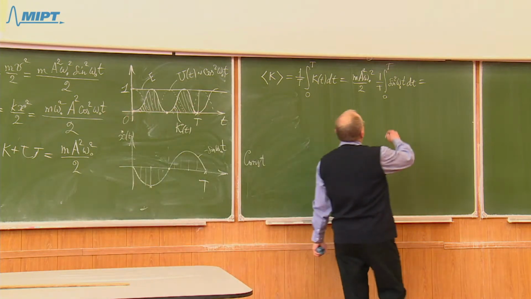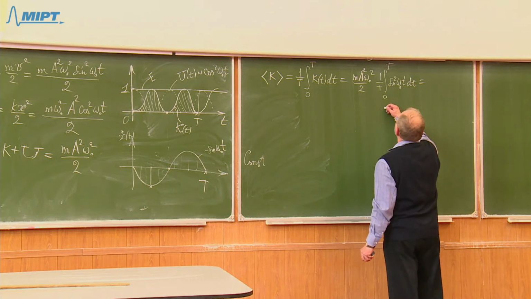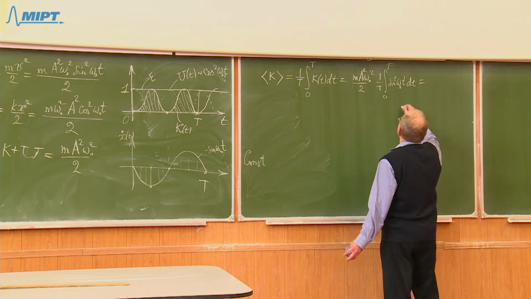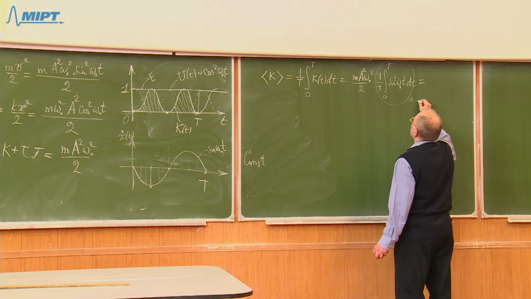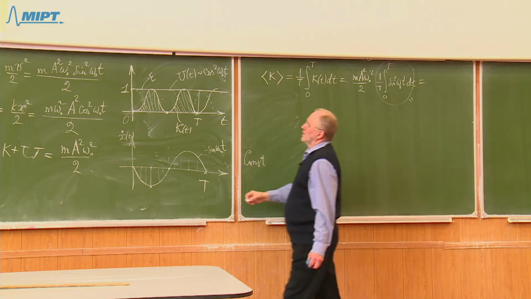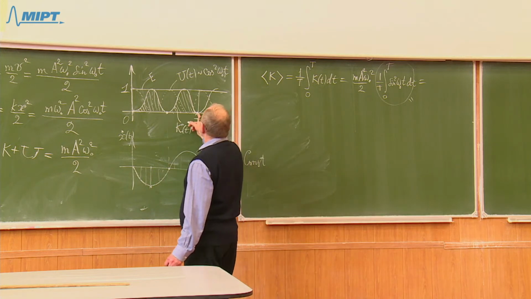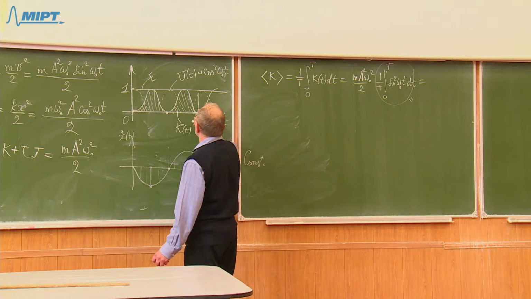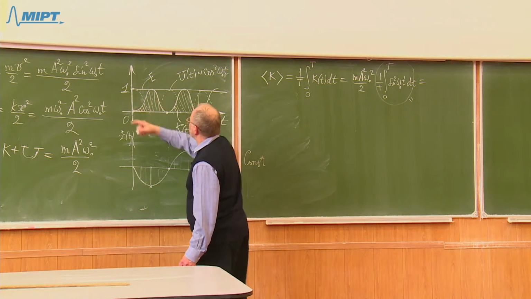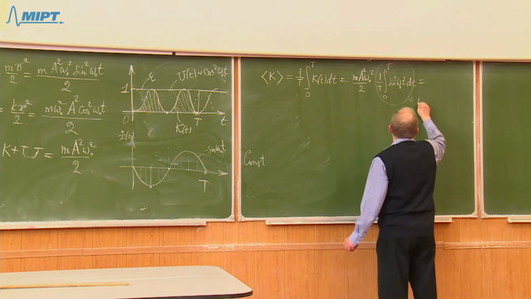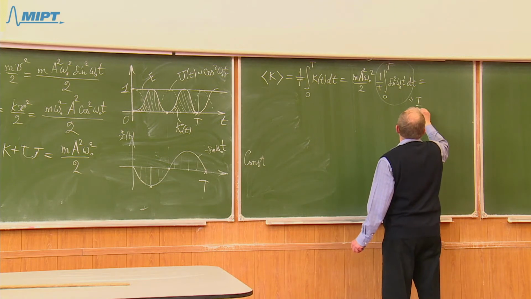So this integral equals just 1/2. Again, the area of this rectangular figure equals capital T, and the area under the sine squared equals capital T divided by 2.